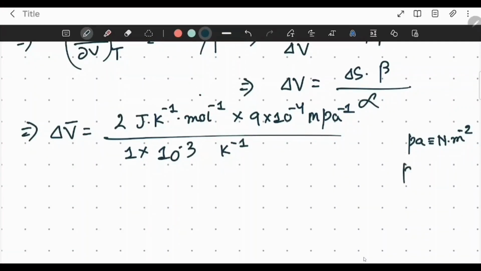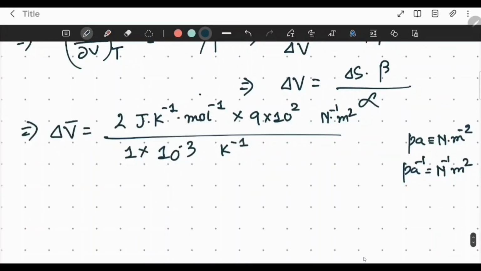So Pascal inverse is eventually Newton inverse meter square, and mega means 10 to the power 6. So it will be 10 to the power 2.